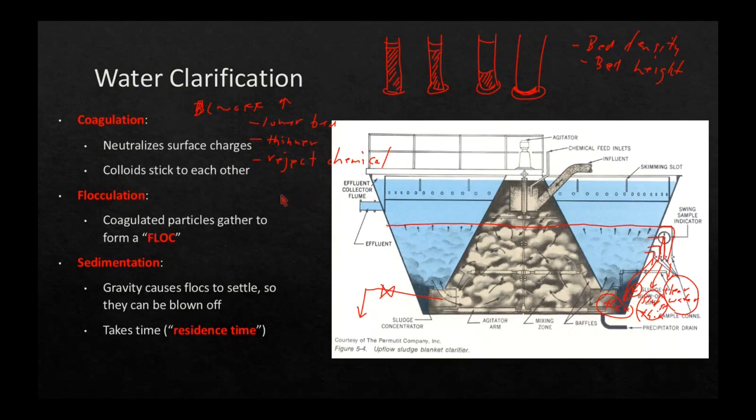But let's say that we need to lower the bed level. That would be an appropriate thing to do, to increase the amount of blow off. And if we wanted to raise the bed level, we might reduce the amount of blow off. So if this bed becomes too thin, and maybe our bed level gets too low, then we would decrease the blow off.